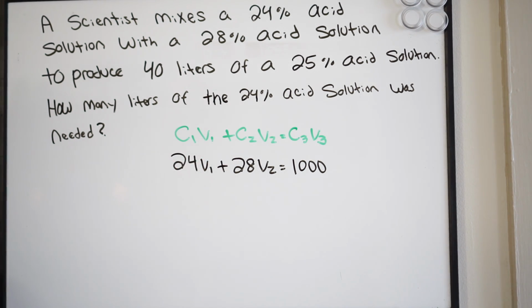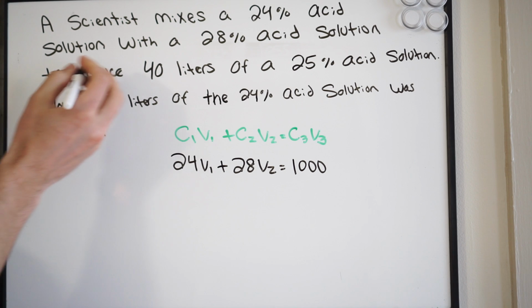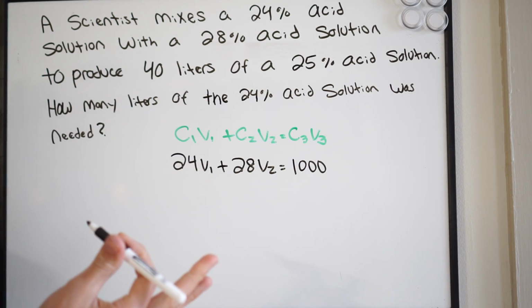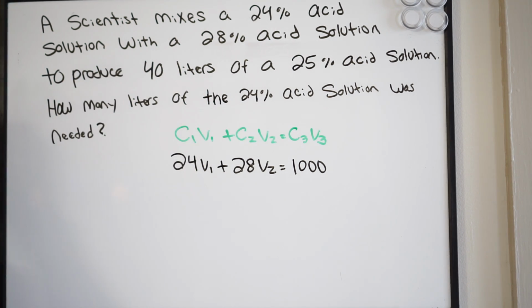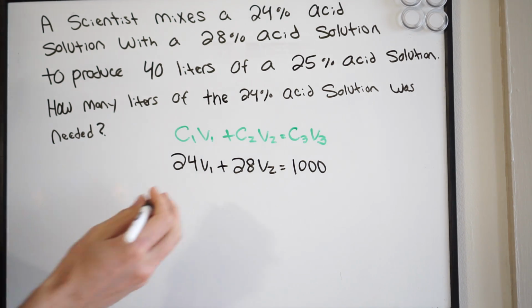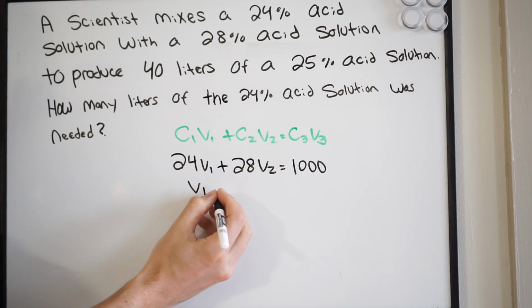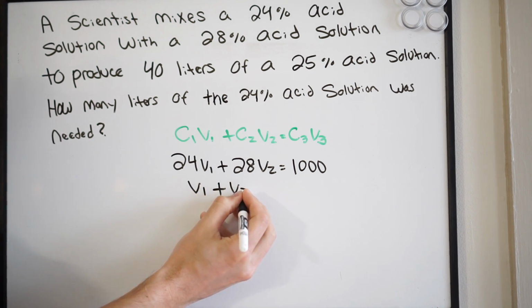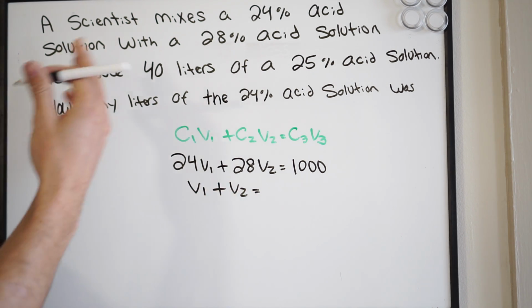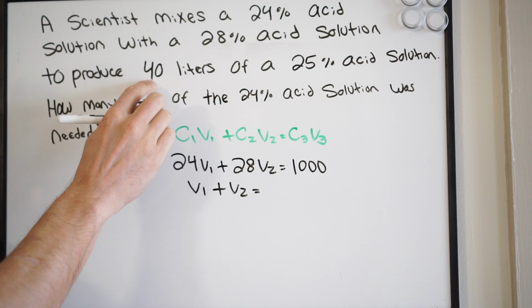All right. Well, we need to set up a system of equations, so we need another one here. So we need to form another equation. So let's go back to the problem and see if we can do that. Well, I'm looking here. It's going to produce 40 liters total. So 40 liters total. That means what plus what must equal 40? Well, my volume of 1 plus my volume of 2, this all has to equal my volume of 3, which we determined was 40.